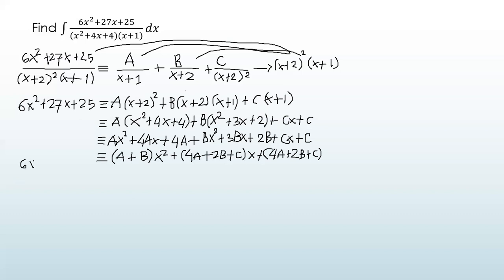This is identical to 6x squared plus 27x plus 25. Okay. Now look at this equation. The first equation is 6x squared plus 27x plus 25 identical to a times x plus 2 squared, plus b times x plus 2 times x plus 1, plus c times x plus 1.